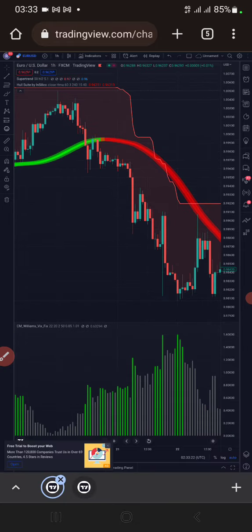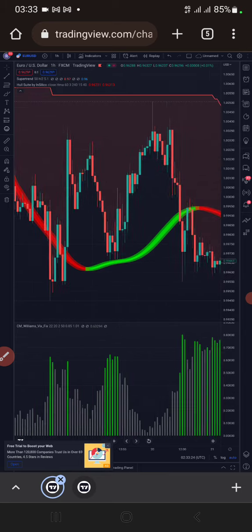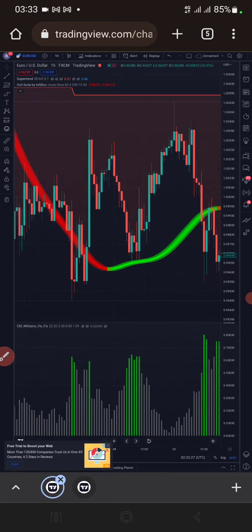So what it basically does is that it is used as a reversal indicator, just to find market bottoms.